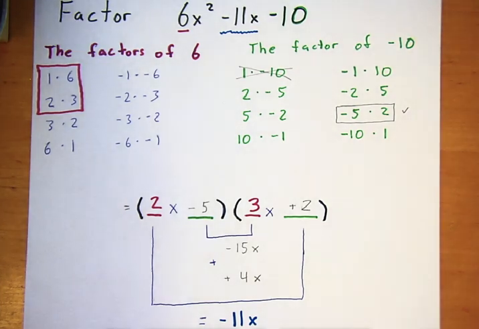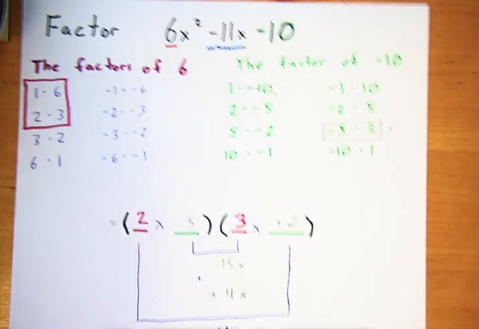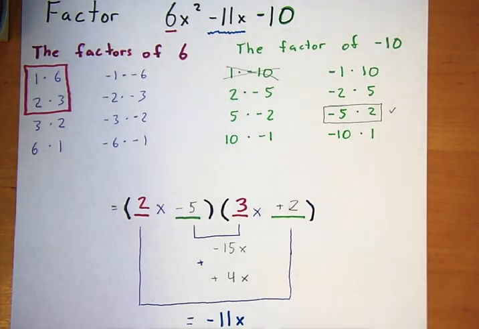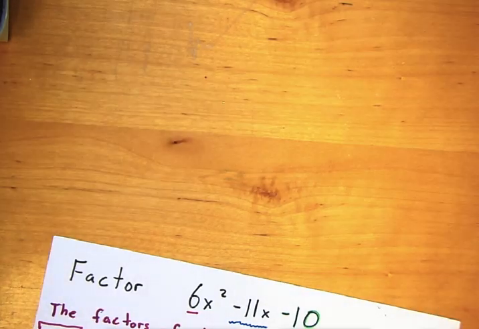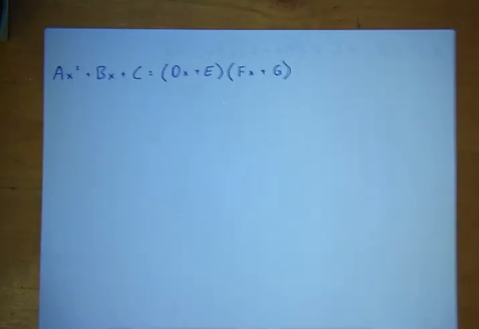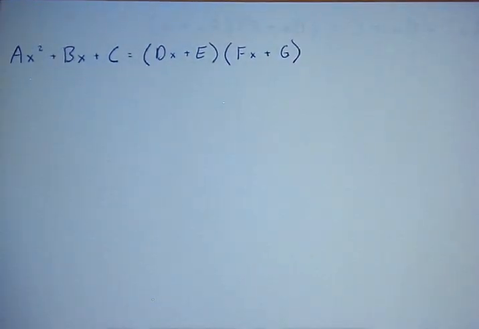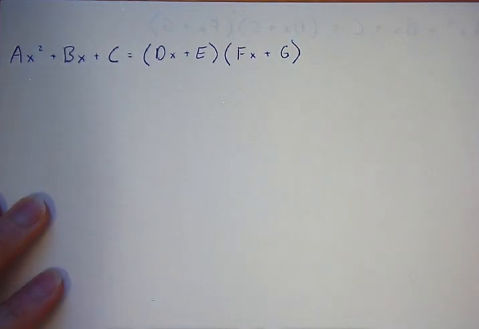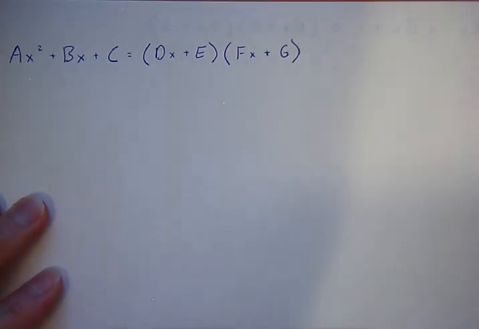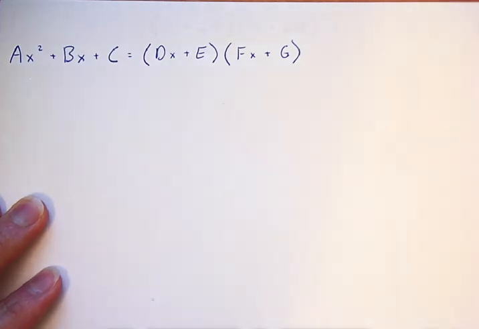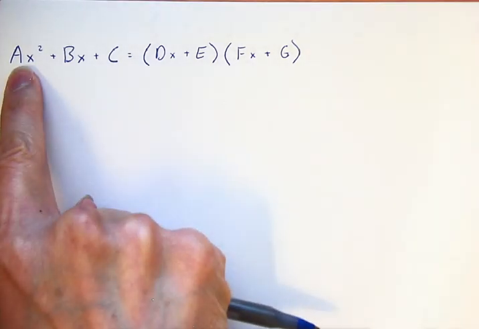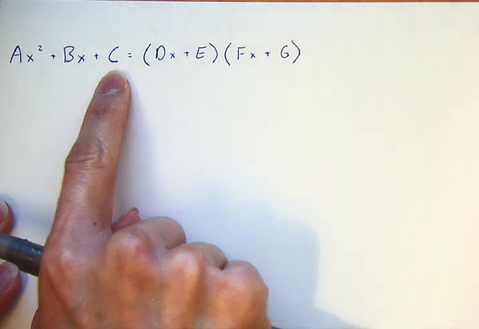I want us to now talk about why this process works. So, here is the most general form we have for a quadratic: ax squared plus bx plus c.